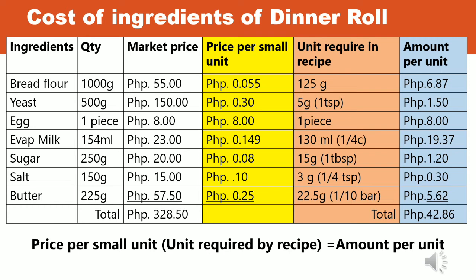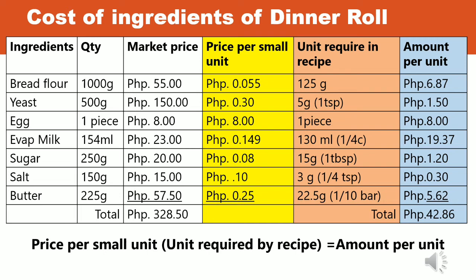Next is the salt. The salt costs 10 centavos per gram. The recipe requires 3 grams, meaning we're going to multiply 10 centavos and 3 grams equals 30 centavos, meaning every 3 grams costs 30 centavos.